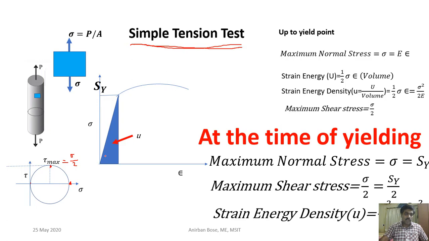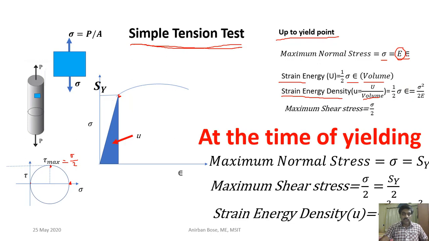We can also find the strain energy density, that means strain energy per unit volume, up to the yield point. If you consider this area, that will give you the strain energy per unit volume. Up to the yield point, stress is proportional to strain, where E is the Young's modulus or modulus of elasticity. Strain energy is half into stress into strain into volume, and strain energy density is strain energy per volume, so half into stress into strain.